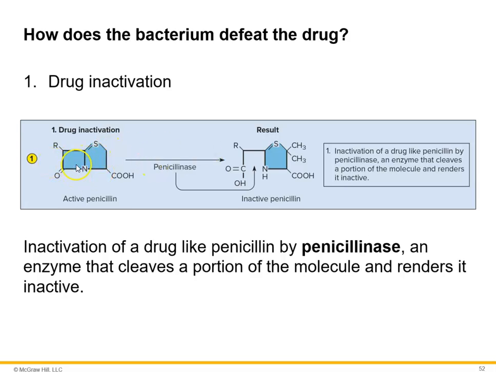Well, if you break this beta-lactam ring, penicillin becomes inactive. It can no longer interfere with those enzymes, so those enzymes can go ahead and cross-link that peptidoglycan and build a nice strong cell wall. So this is strategy number one. Develop something that will inactivate the drug directly.